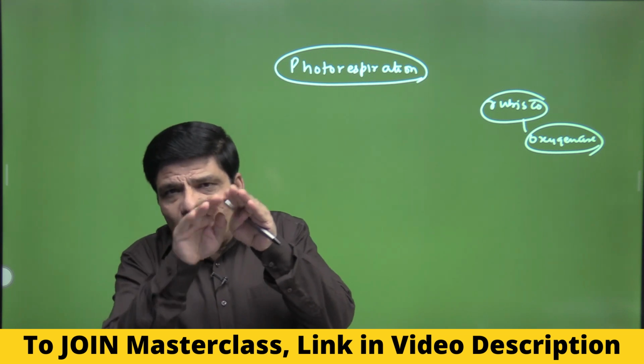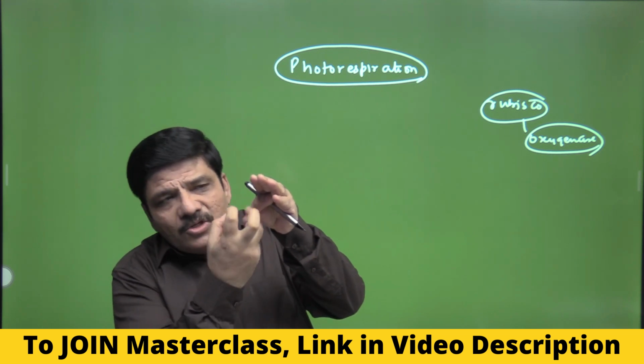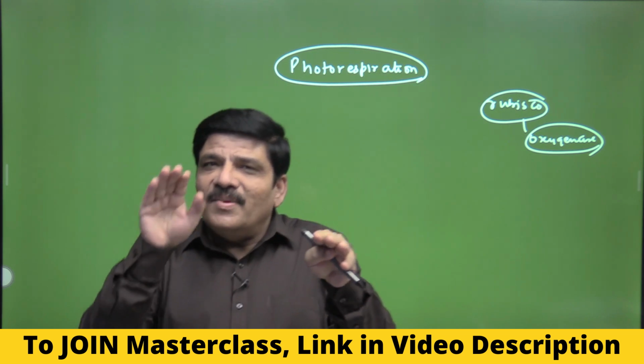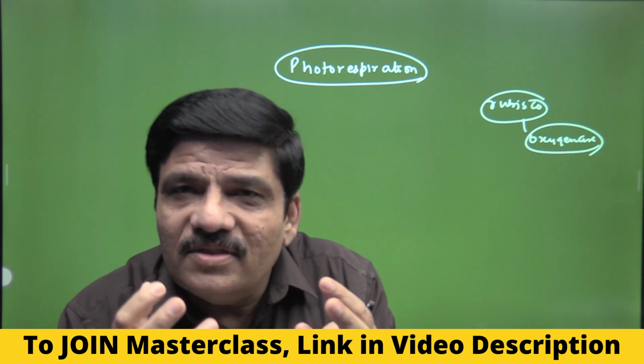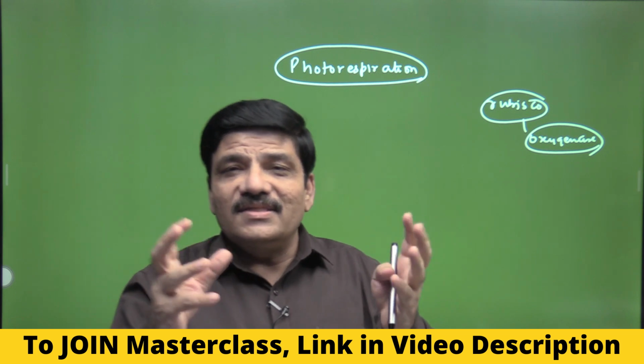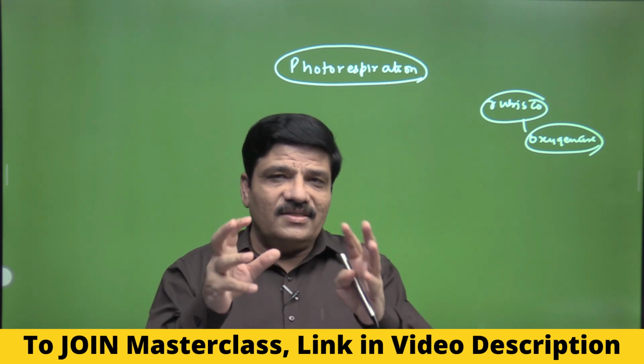Now the stomata are closed. What happens in the leaf spaces? The carbon dioxide gets consumed and its concentration dramatically falls. Because photosynthesis is taking place, and one of the byproducts of photosynthesis is oxygen, oxygen gets accumulated.